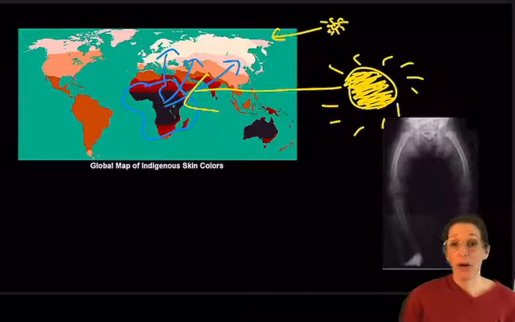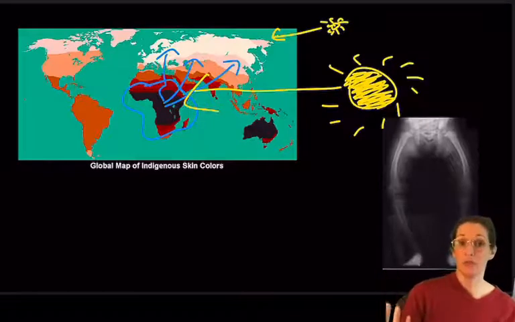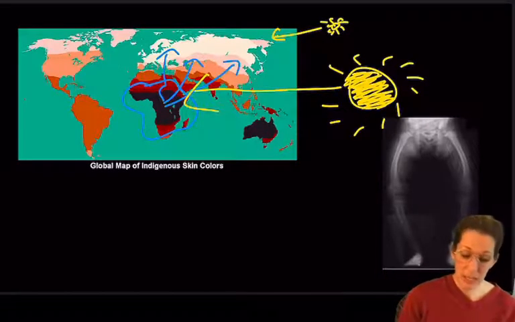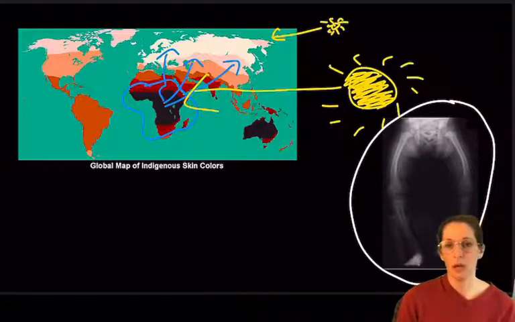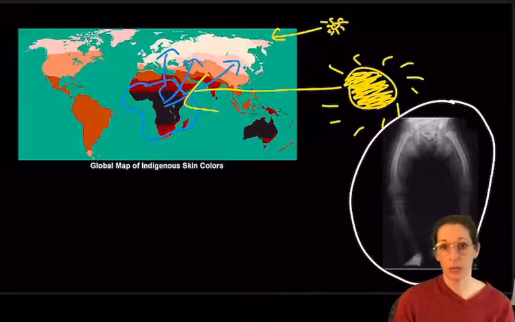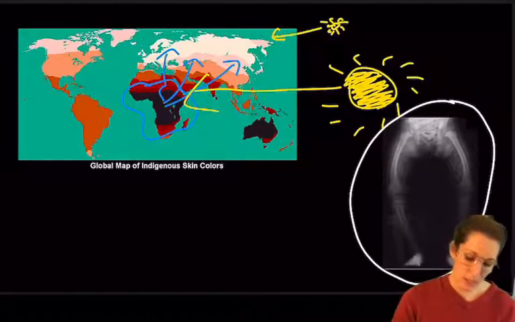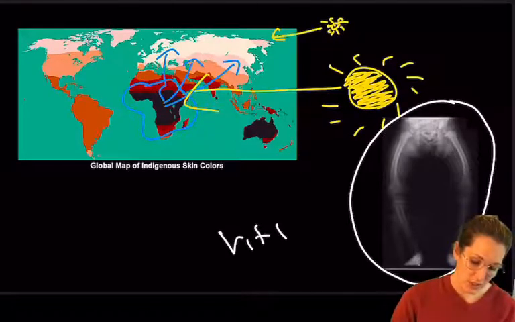The major hypothesis about why humans evolved lighter skin color, why that was beneficial, why that swept through the population, is because of a condition called rickets. This image is showing you an x-ray of a child with rickets. Rickets is because of a vitamin D deficiency.